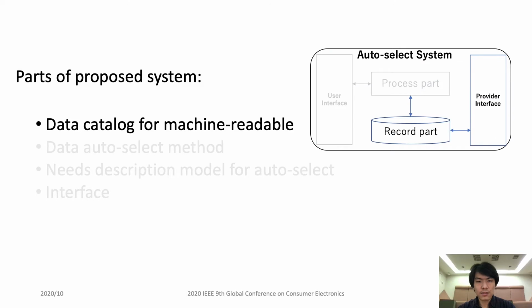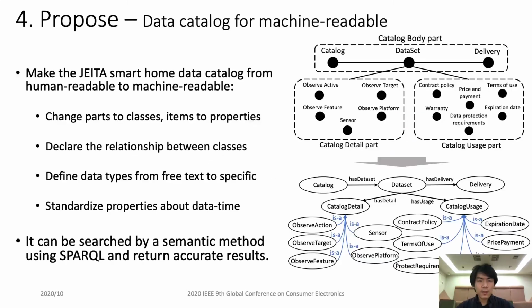The auto-select system has 4 parts. The first one is the data catalog for machine readability. To make the JETA Smart Home Data Catalog from human readable to machine readable, we change the parts to classes, items to properties, and declare the relationships between classes, define data types from free text to specific, and standardize the properties about data type.